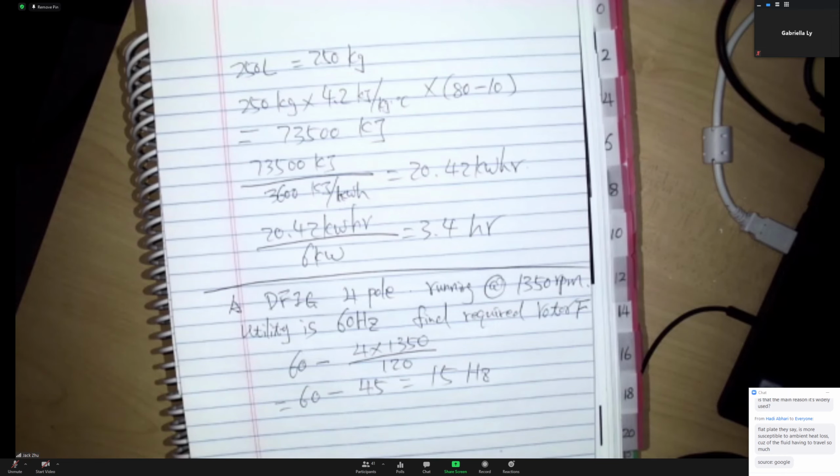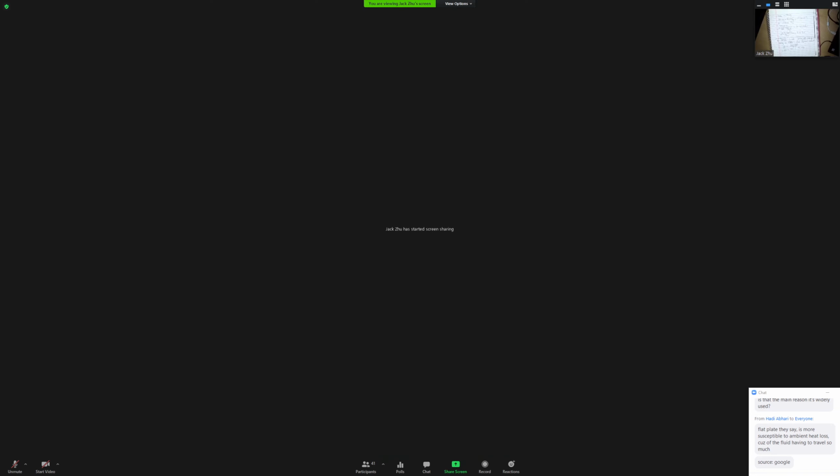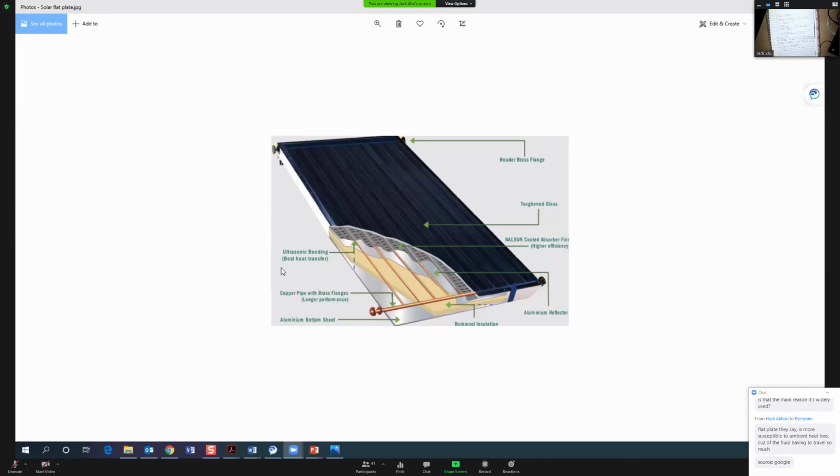But for the flat panel, the flat panel is the whole thing together. This is a pretty good picture. This is where the solar thermal solution comes in. Because it comes in this way, it rises to the top as it goes through.